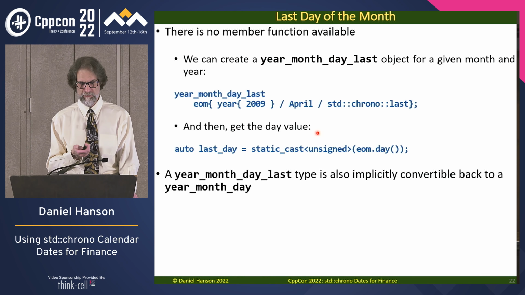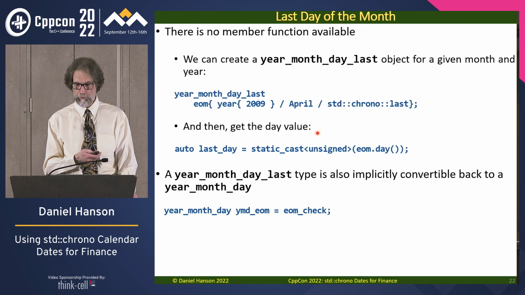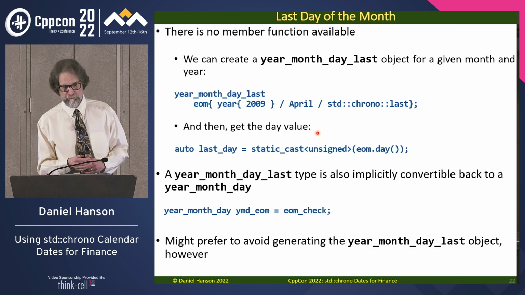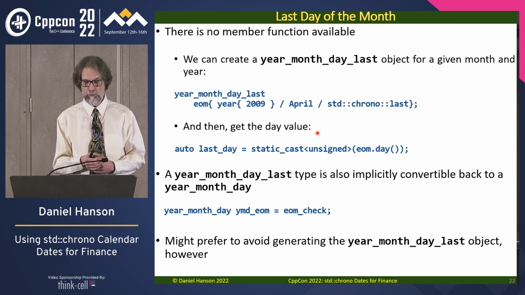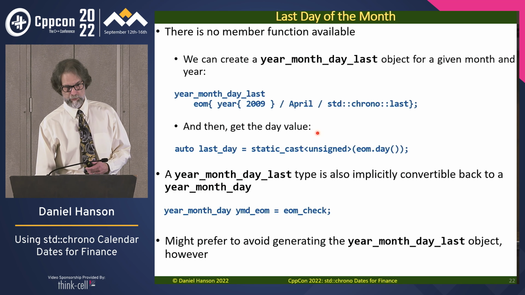It's also implicitly convertible back to a year_month_day. So if for some reason you need to store this on your original date object, you can. However, you might prefer to avoid generating this year_month_day_last object and also this assignment.